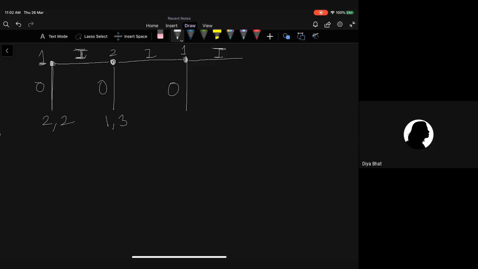If it's out, then the payoff is 3-4. If it stays in, then the game also ends, and the payoff is 4-2. So this is the nature of the game. First, one moves; it can end the game right away or continue. If it continues, two gets to choose to end the game or keep it going. And if two chooses to keep the game going, then one comes back and chooses again. This is the sequence of moves.